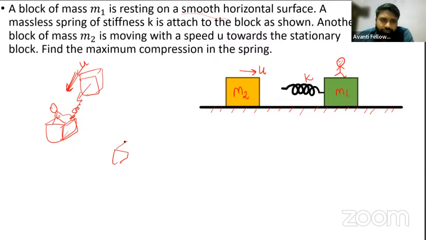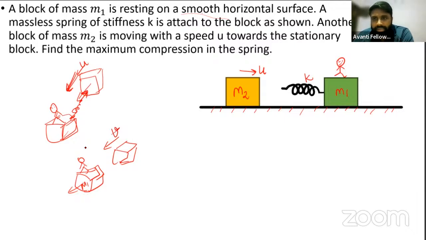So at another situation, this is the observer here. This block has also started moving, but for this observer, this block is not moving, which means M1 is not moving, only this block. And this has reducing velocity now, because the force is acting on this block by the spring. Now the velocity is reduced by v.